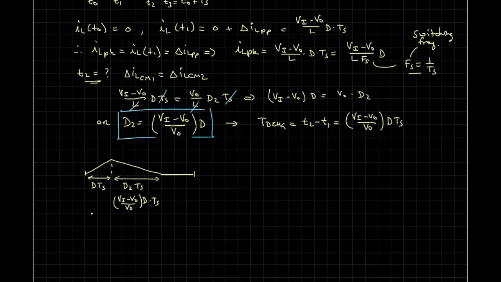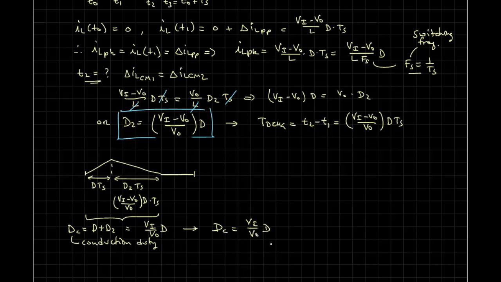Okay, and that means that the sum of these two, D plus D2, which I'm going to define as DC, conduction duty, is equal to VI over VO times D. So that's an important result here. D conduction is VI over VO times D.